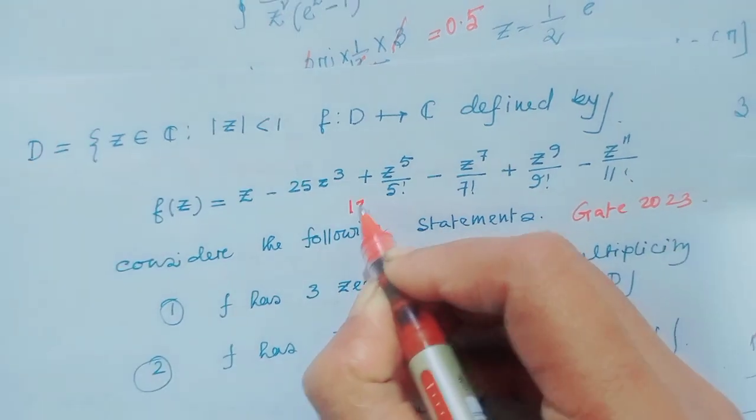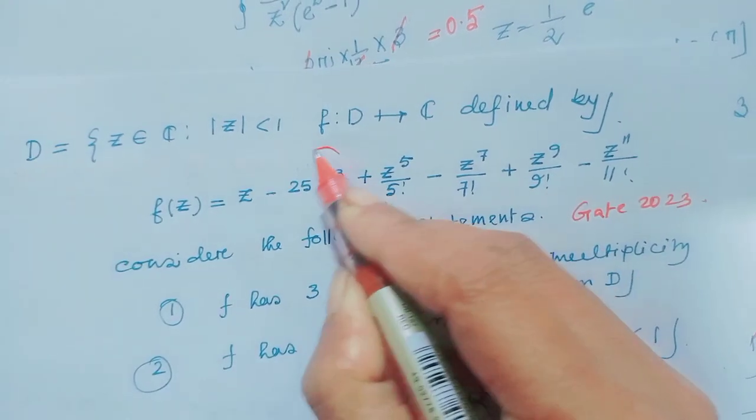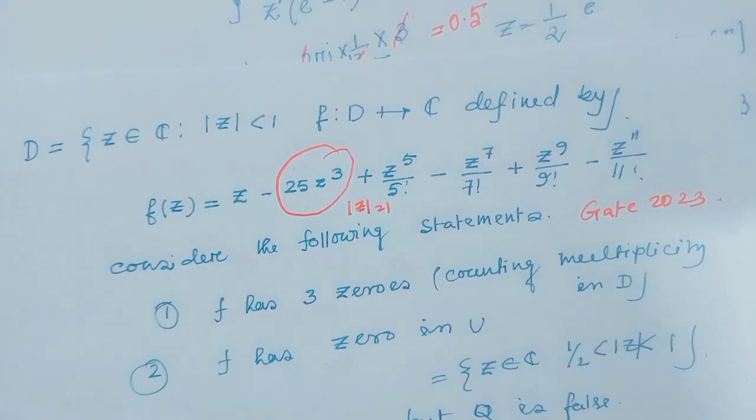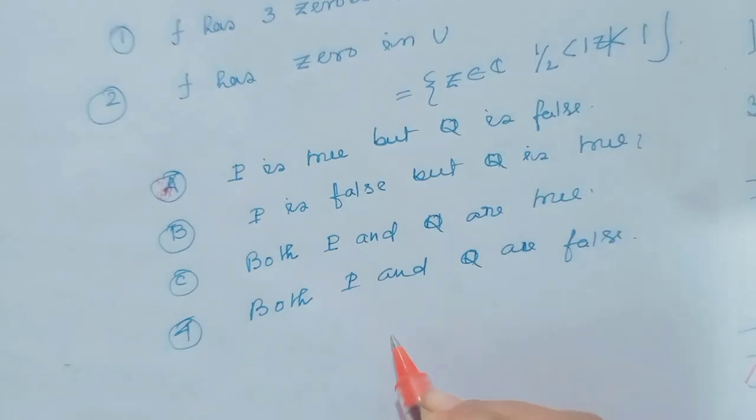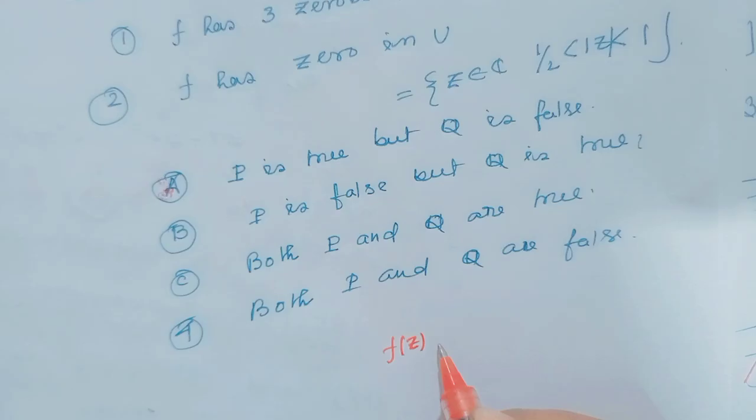On mod z equal to 1, the highest degree term is 25z cube.